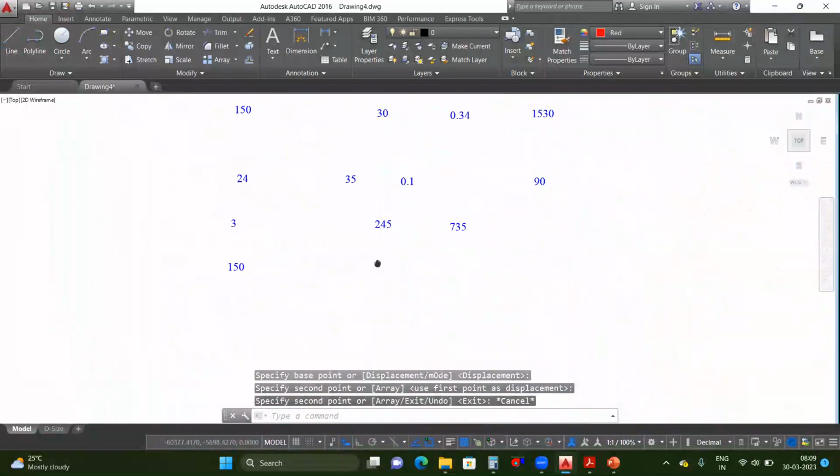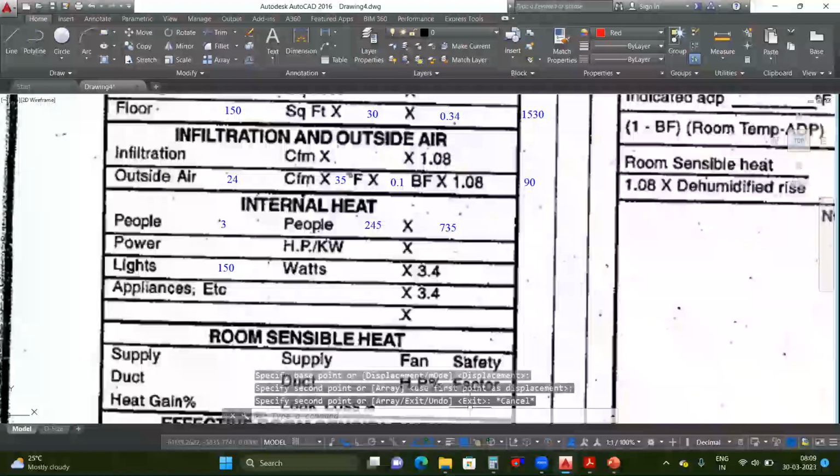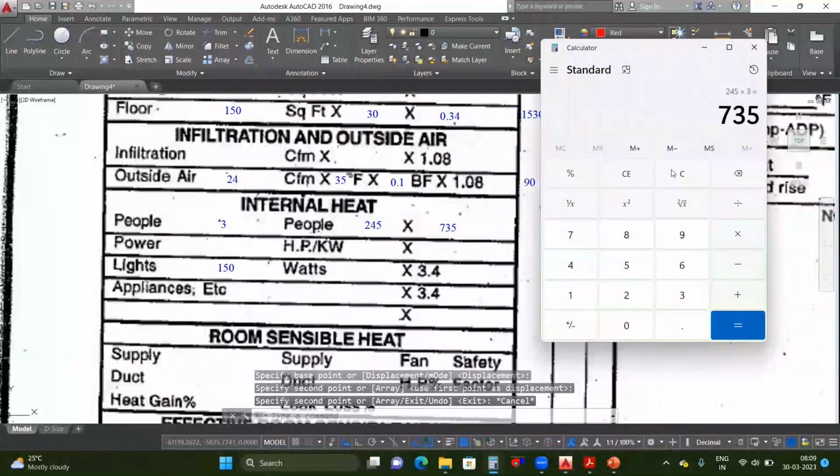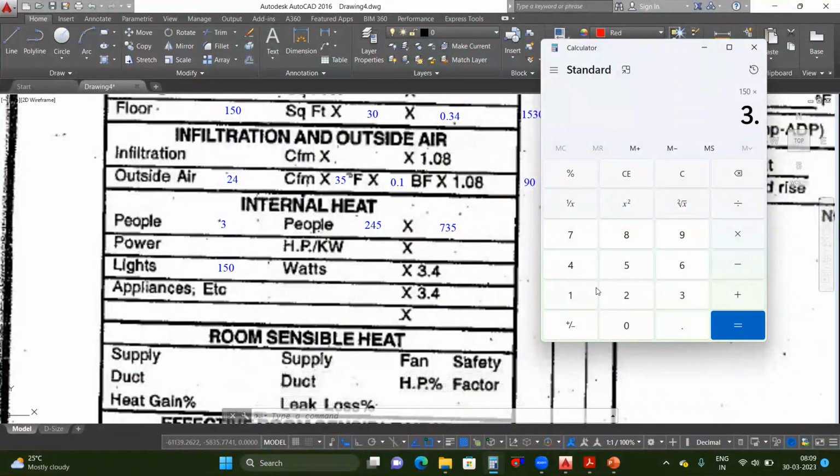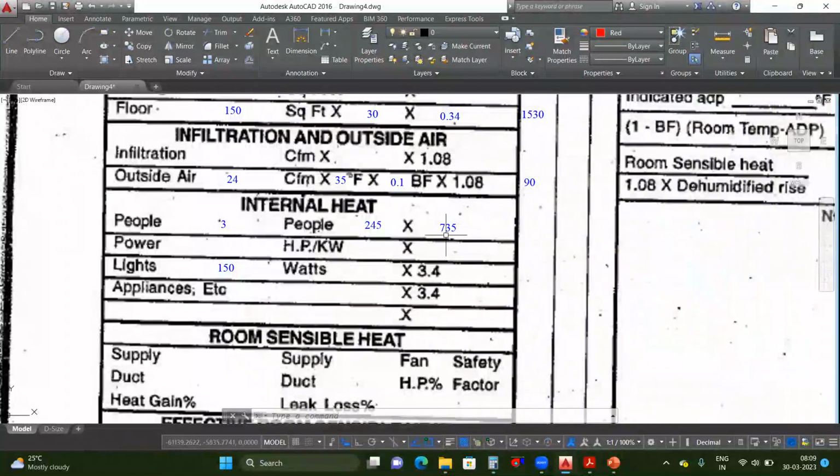When you multiply 150 watts by 3.4, it is 510 BTU.